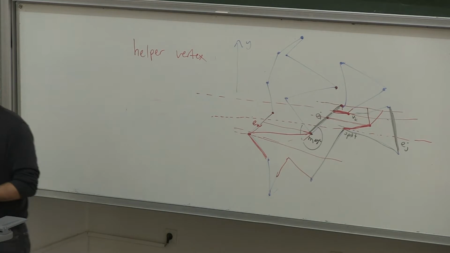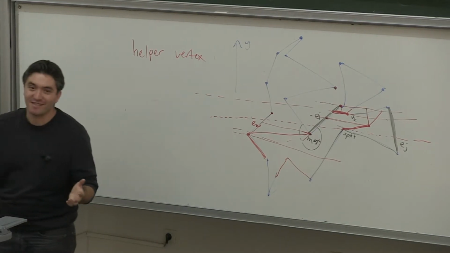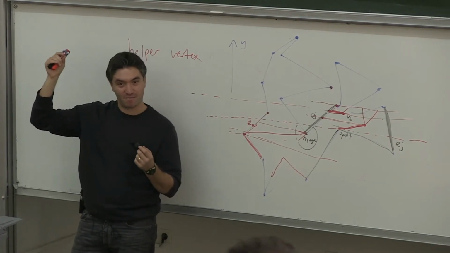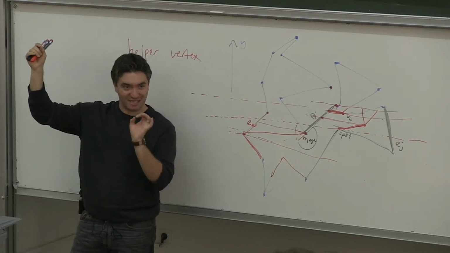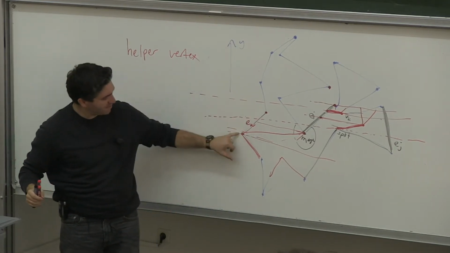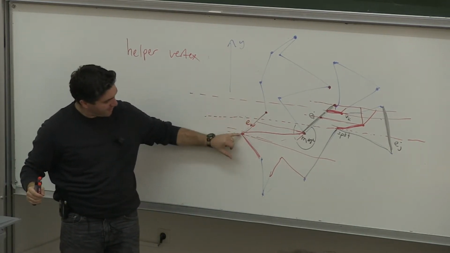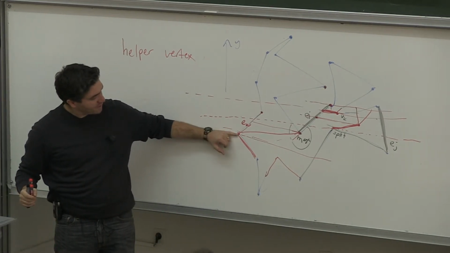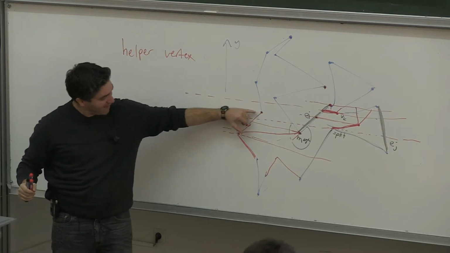So even if the helper vertex is never updated, when I'm deleting EW, at that event point, I know its helper vertex. As you can see, this is a regular vertex, the endpoint of this line.